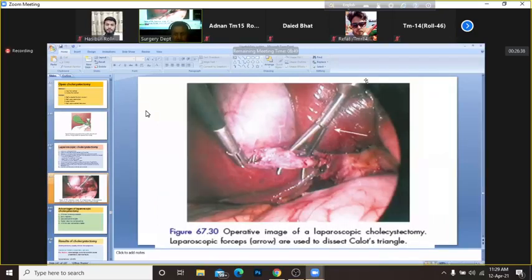This is the laparoscopic procedure of cholecystectomy. That is the gallbladder. That is the separation of the neck region, followed by application of clip, then application of clip over the cystic artery, and then gradually the gallbladder has to be removed. That is the laparoscopic cholecystectomy.